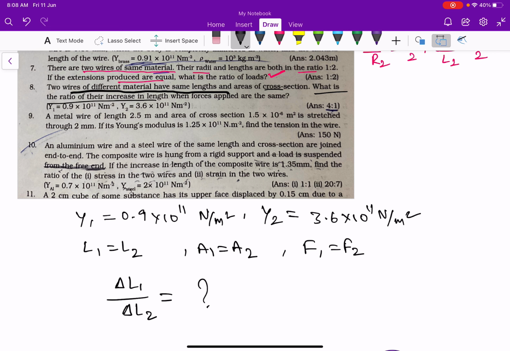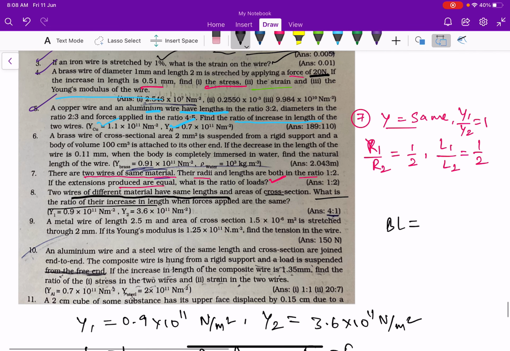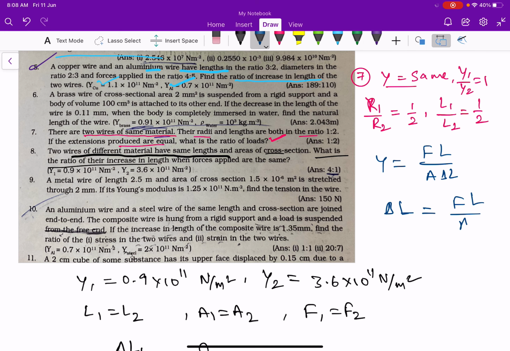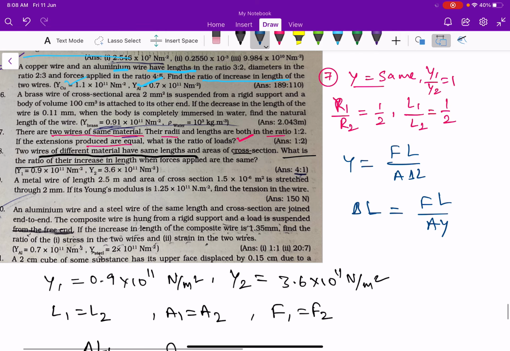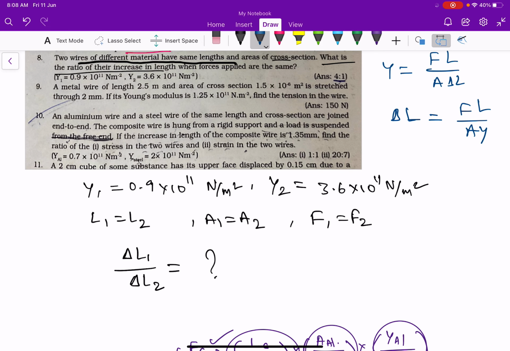Do the same thing. We know Young's modulus Y equal to F into L by A delta L. So the delta L formula is delta L equal to F into L by A into Y. Here delta L1 to delta L2 we need to find out.